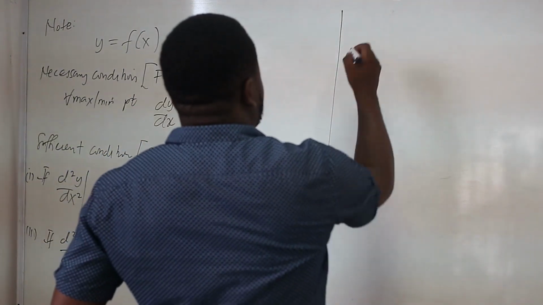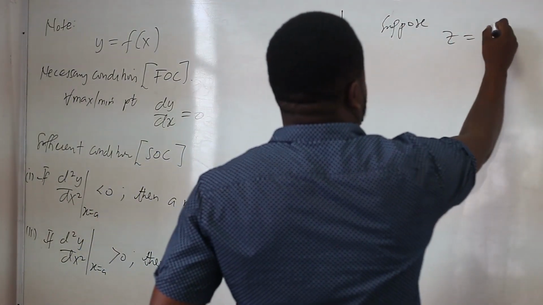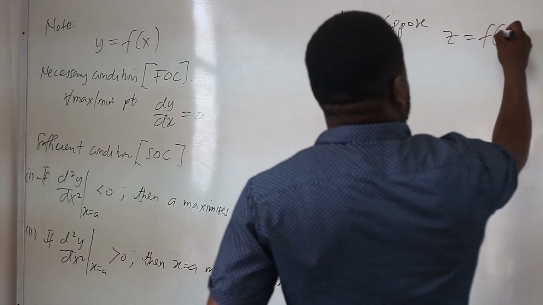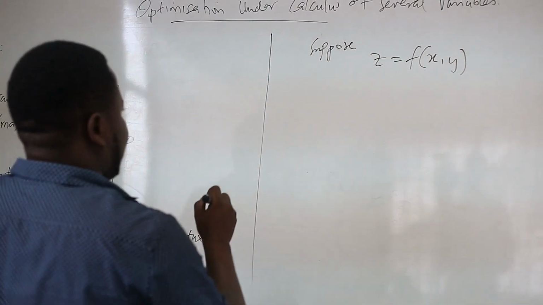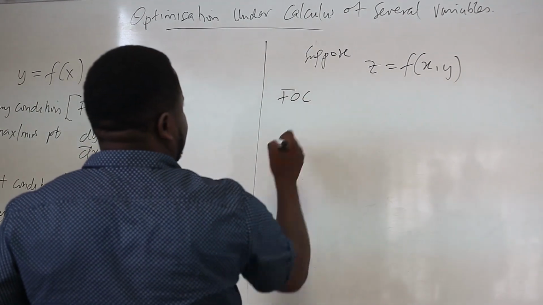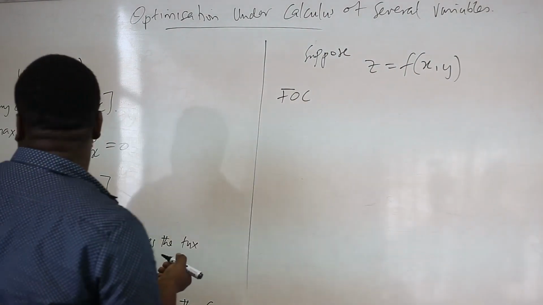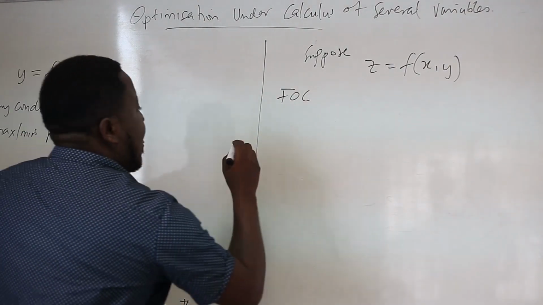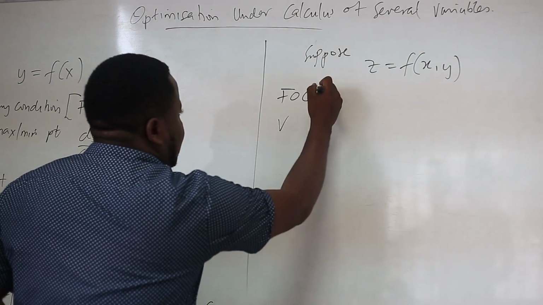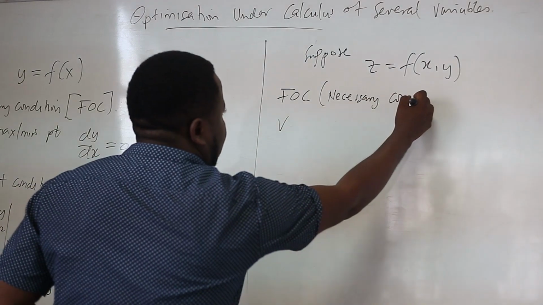Now suppose we have z is a function of x and y. So the first order condition states that we just add some things to this. This is also the necessary condition.